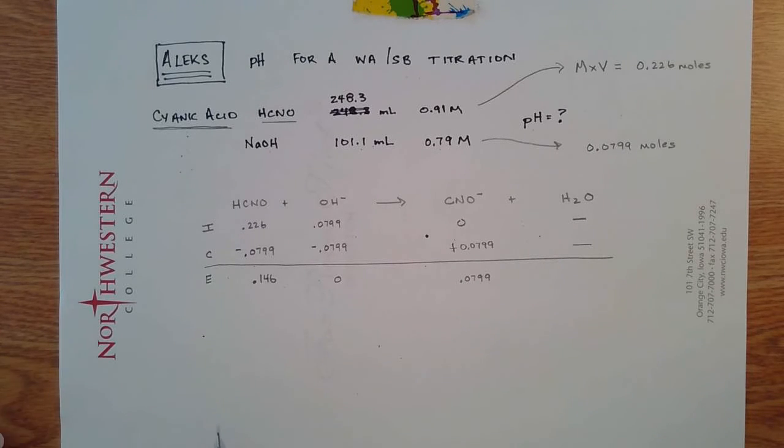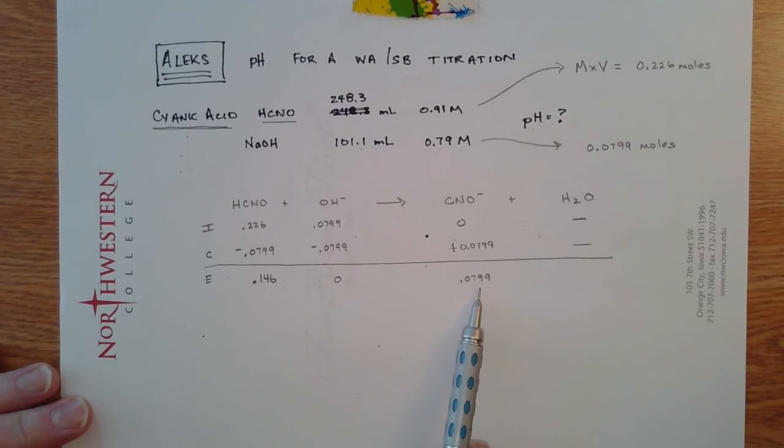So now we have to make a decision based on what's left in the solution as to what kind of problem it is. If we only had a weak acid, we would solve the corresponding weak acid problem. If we only had the conjugate base, we would solve a conjugate base problem. If we had a conjugate base plus a strong base, then the strong base would dominate the pH calculation.